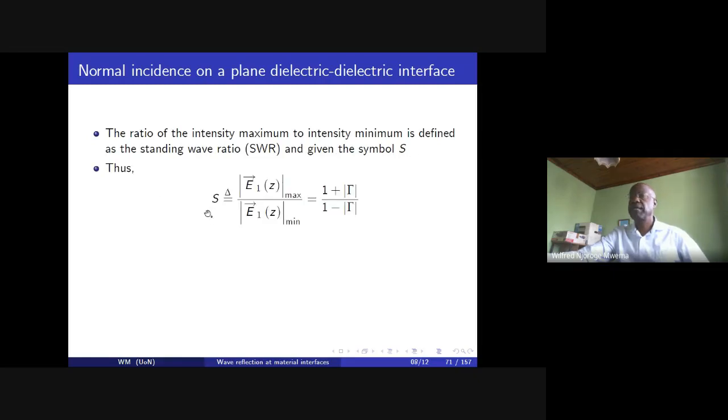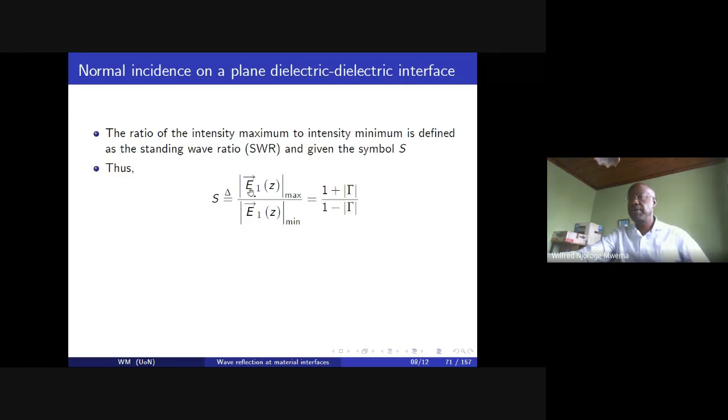And therefore, we can write that S is by definition given by E1Z max over E1Z min. And we see that it's just going to be given by 1 plus the modulus of gamma over 1 minus the modulus of gamma. This is what, in your transmission line theory, you called the voltage standing wave ratio.